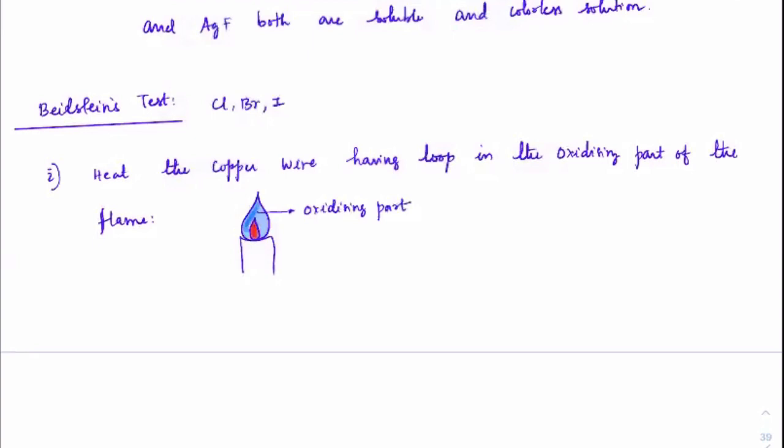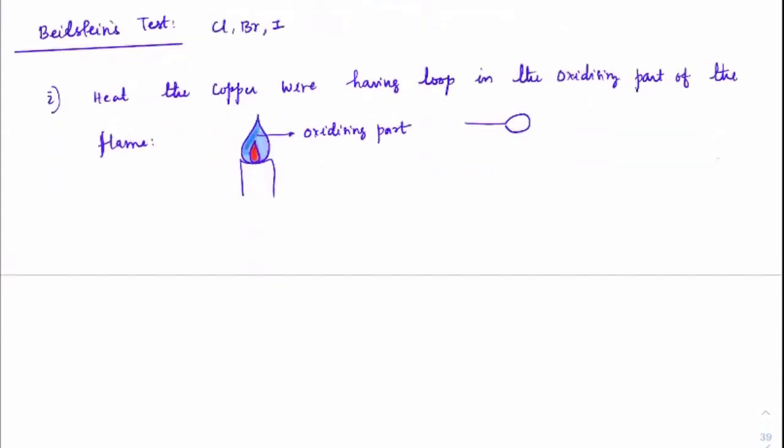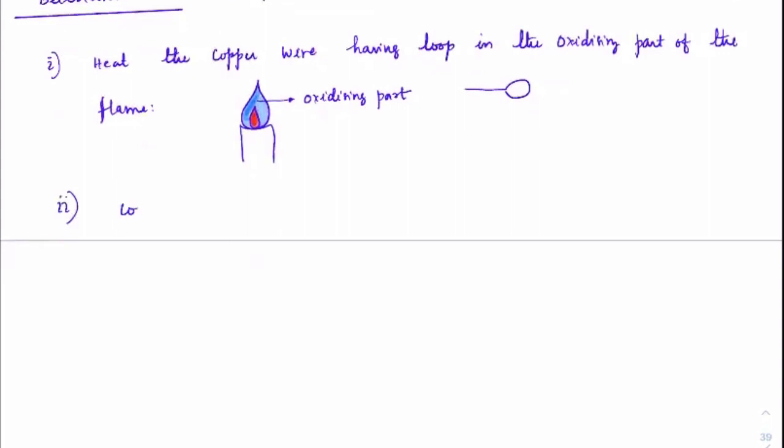We bring a copper wire with a loop-like structure into the oxidizing part. First we bring the copper to that oxidizing flame, heat it there, and cool the copper wire. Then dip it in the organic compound and heat again.